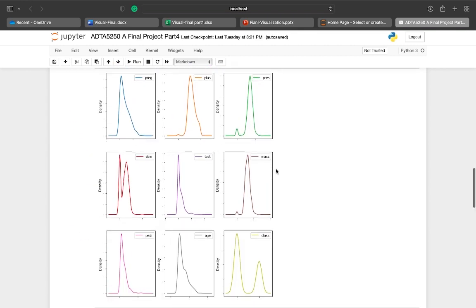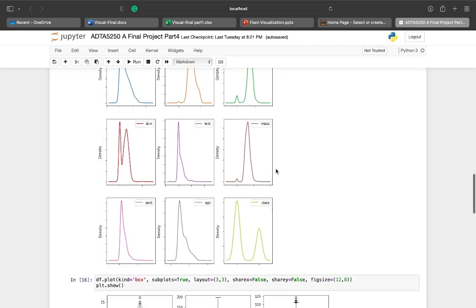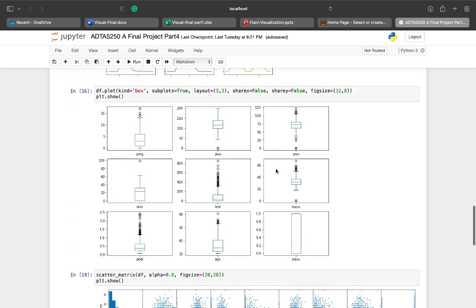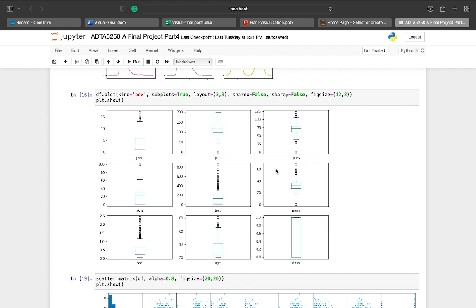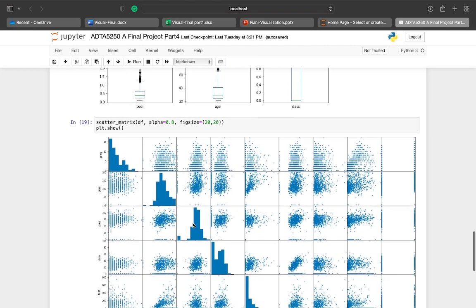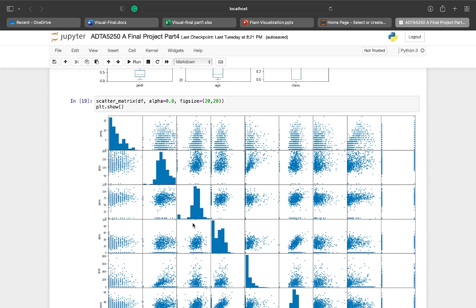Yep, this is our density plot, and this is our box plot that tells us about some kind of outliers here. And the last one, we use the scatter matrix plot because we would like to see the relationship between each variable.